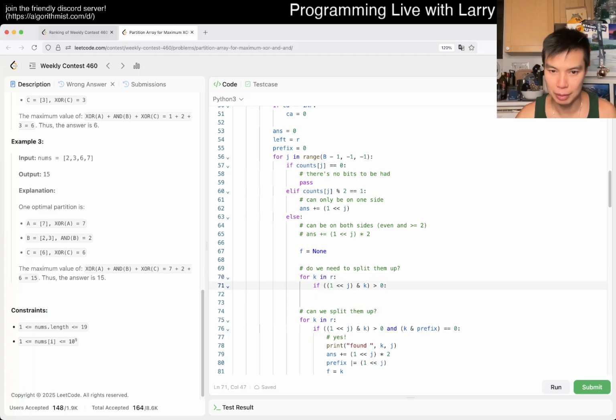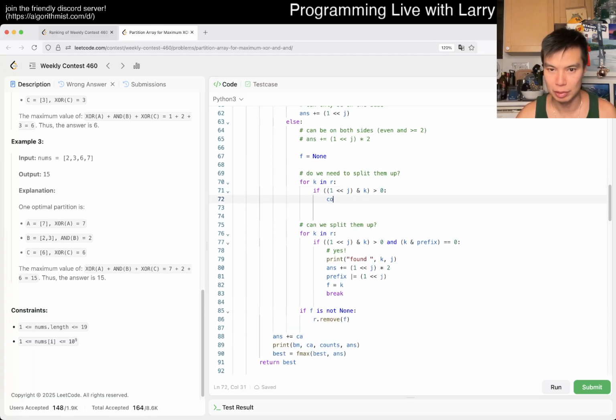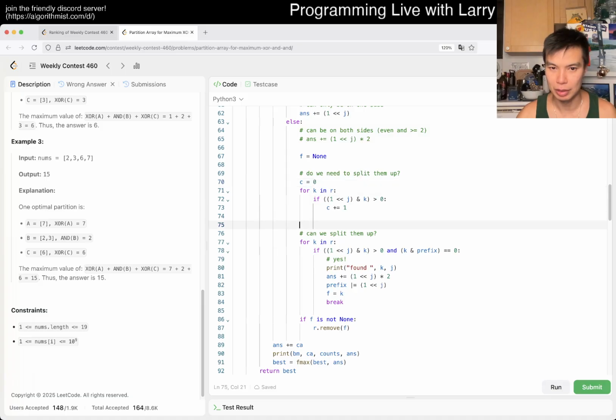Okay, so these are the numbers that are remaining. So, okay, if C is equal to 0, then we have to consider splitting them up. Oh, sorry, that's not right. If count left is 0, then, well, what do I want?